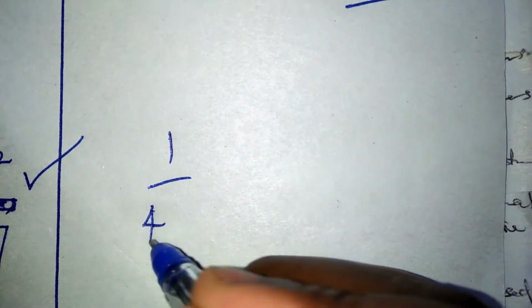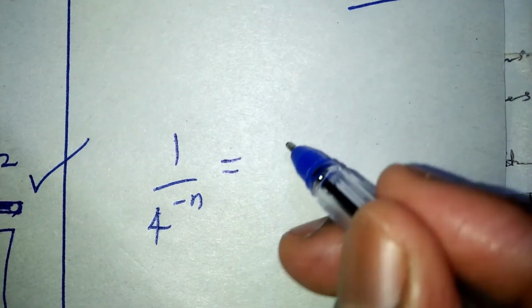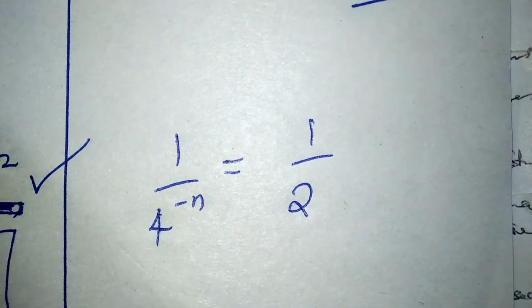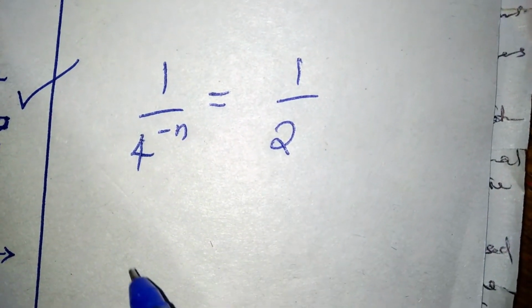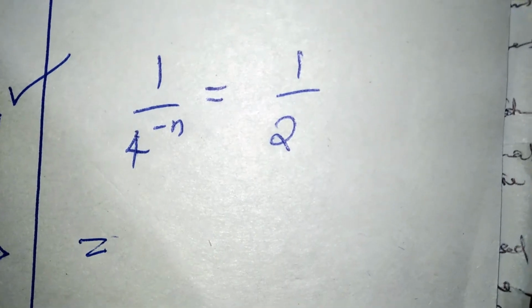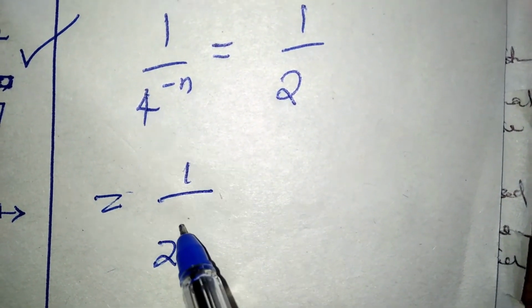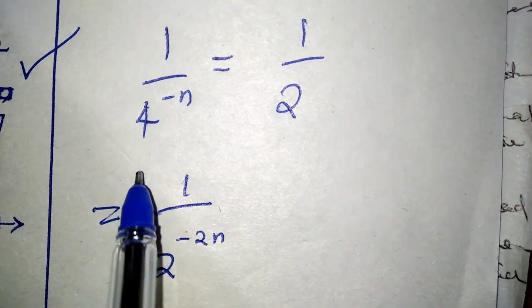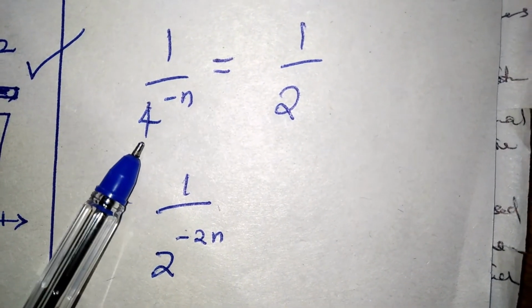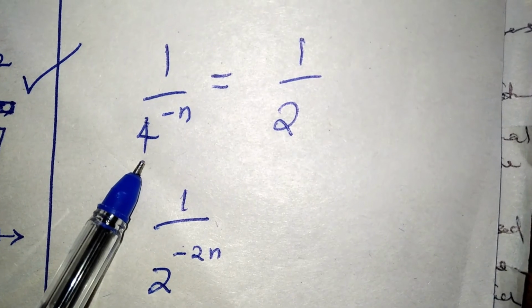Another example is where we have 1 over 4 raised to negative n is equal to 1 over 2. Now, in this case, we write the left-hand side as 1 over 2 raised to negative 2n. Of course, if you look at this, you'll realize 4 is 2 raised to 2.